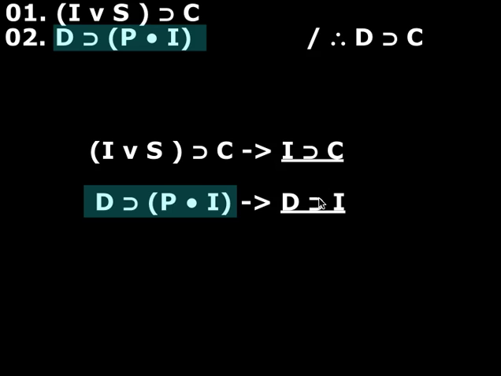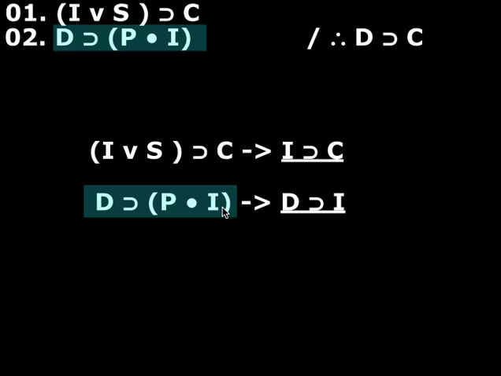So both of these are truth preserving, and obviously if I had this, I could do hypothetical syllogism, because this consequent is the same as that antecedent, so I could do HS. You can see that truth functionally, I should be able to go from if D to C right here. Okay, truth functionally, because if D is true, then P and I are true.